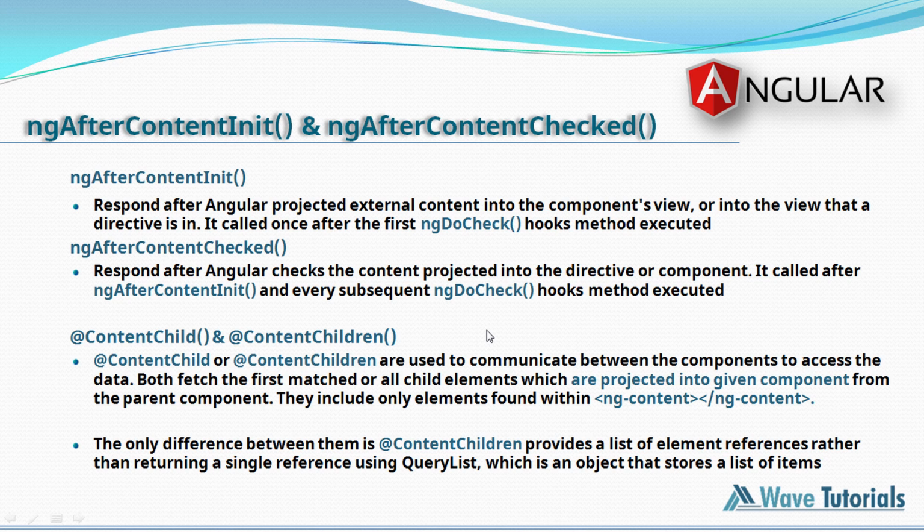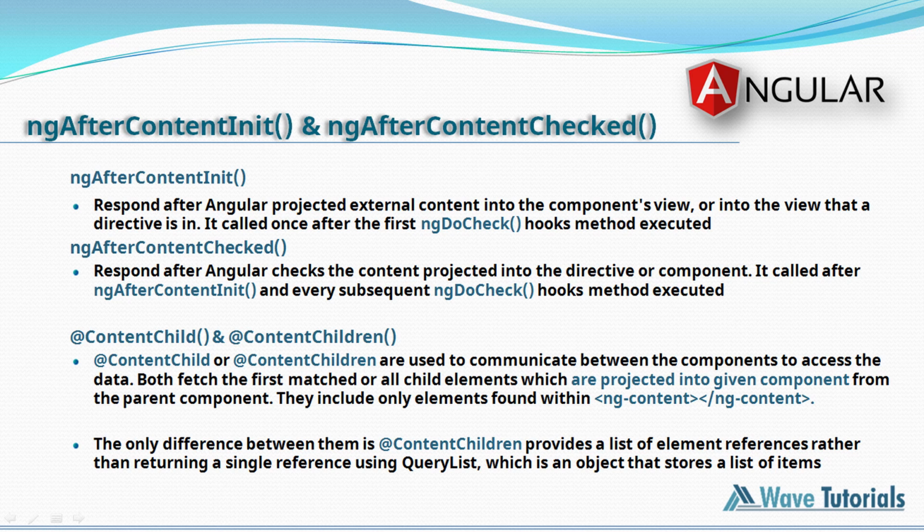So these lifecycle hook methods use @ContentChild and @ContentChildren, which are used to communicate between the parent and child. Both fetch the first matched or all child elements which are projected into the given component from the parent component.